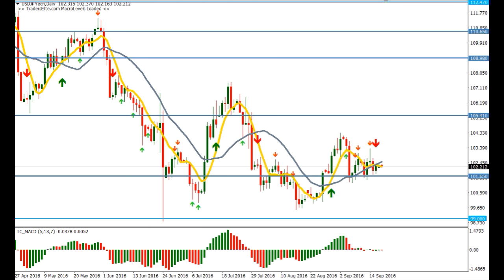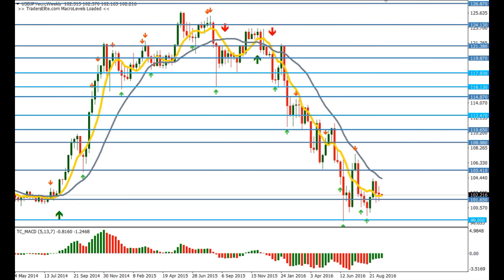And of course, the BOJ, the Bank of Japan, are desperate to dampen the value of the yen. In other words, they want to see the yen lower, and for the yen to go lower, that would mean that the dollar would be going higher against the yen.